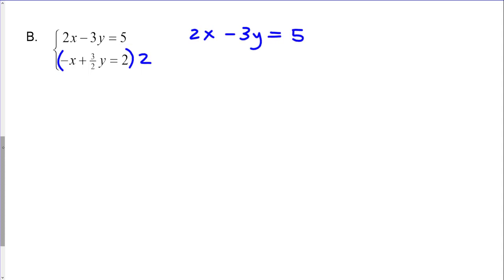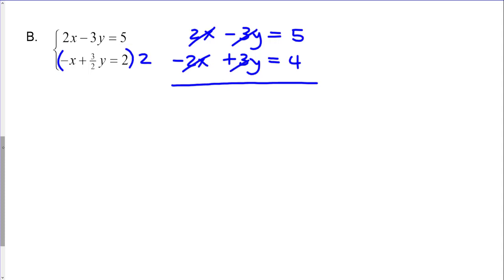The second equation becomes -2x plus 3y equals 4. When I add these together, the x's cancel and the y's cancel, leaving me with 0 equals 9. And this is a contradiction, which tells me there is no solution.